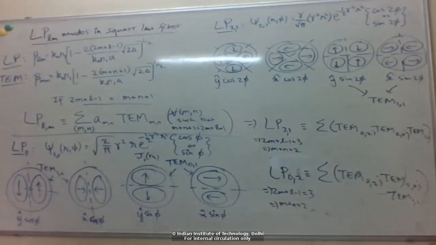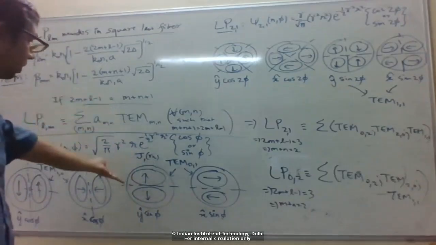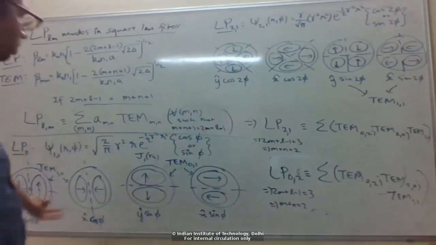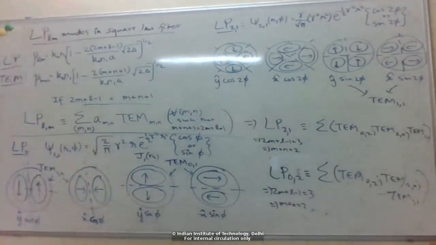Excuse me, sir. Whenever we talk about TEM modes, is it under the weakly guiding approximation? Yeah, so in a waveguide, for example here we are talking about TEM modes in a fiber, that of course is happening only under the weakly guiding approximation.